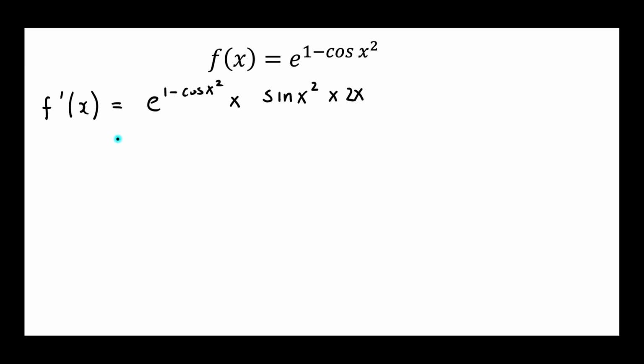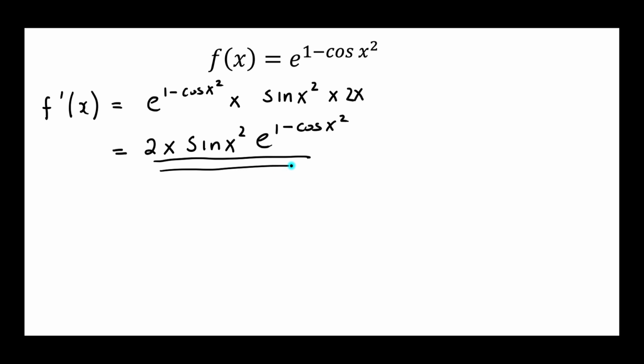So then my final answer would be 2x sine x squared e to the 1 minus cos x squared. That would be my final answer.